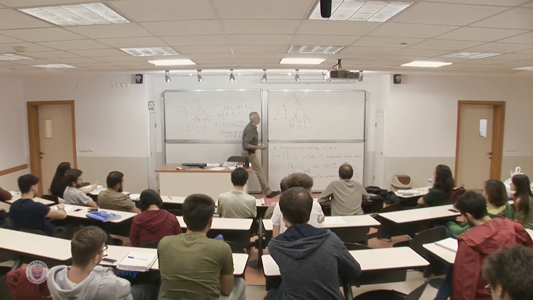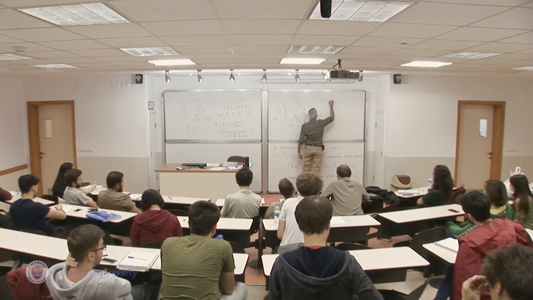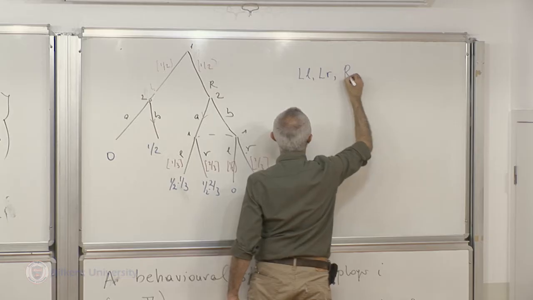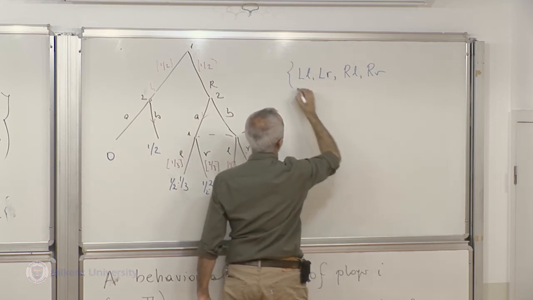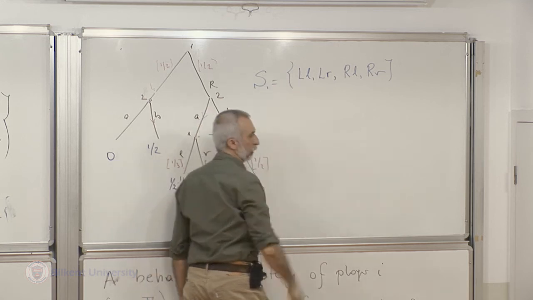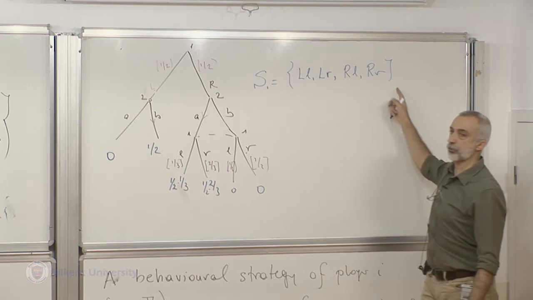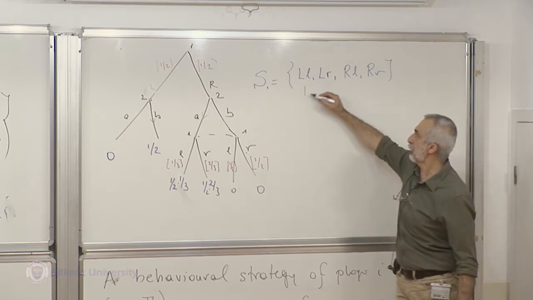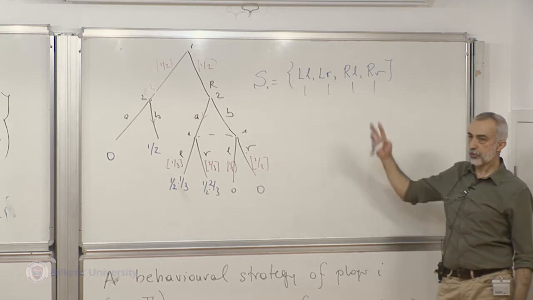That is, we're trying to assign, so this is the strategy set of player 1. So we're trying to assign a probability measure over this set, that is, assign numbers to these strategies that would induce the same probability measure.